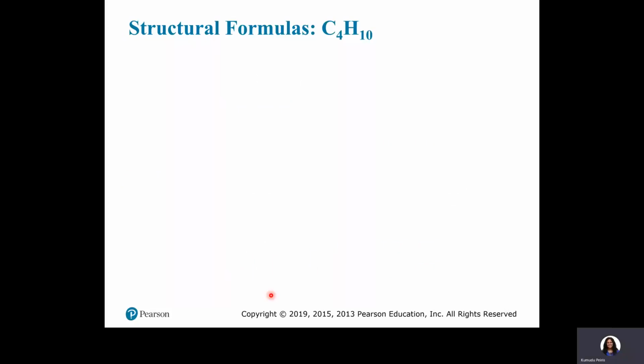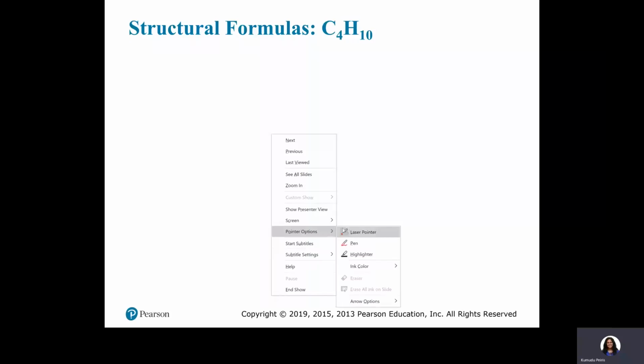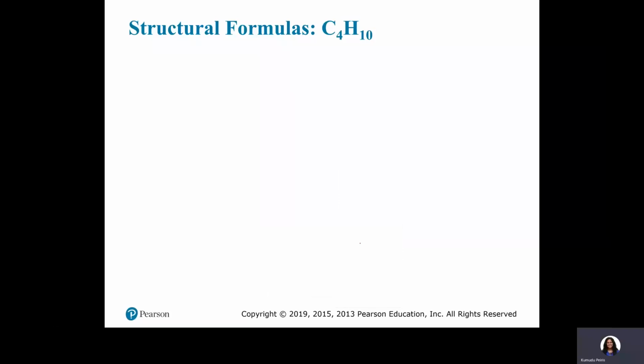Now we are going to draw the structural formulas for C4H10. What is C4H10? That is butane. First, I'm going to draw the expanded structure.